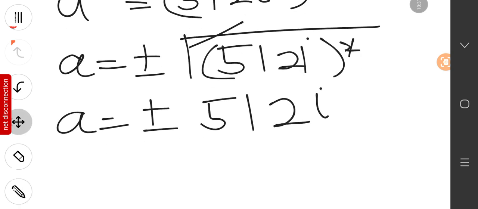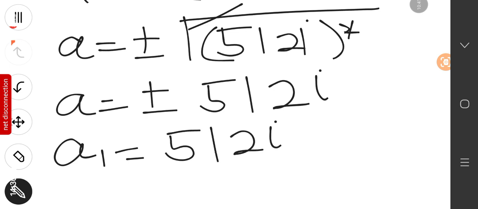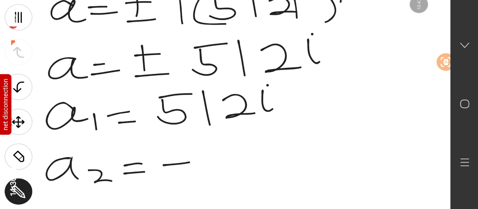You can see we have 2 values for a, because it's a quadratic equation. Therefore, we say a1 equals 512i, and a2 equals minus 512i. And this is our final answer.